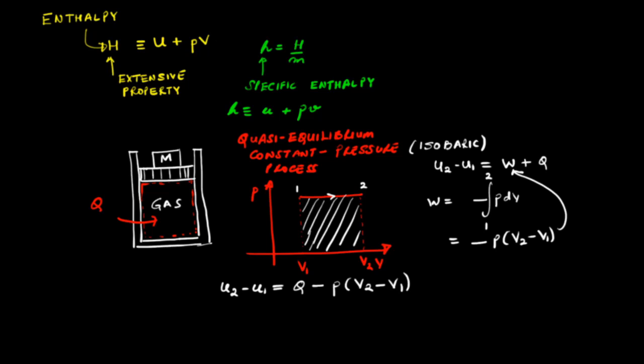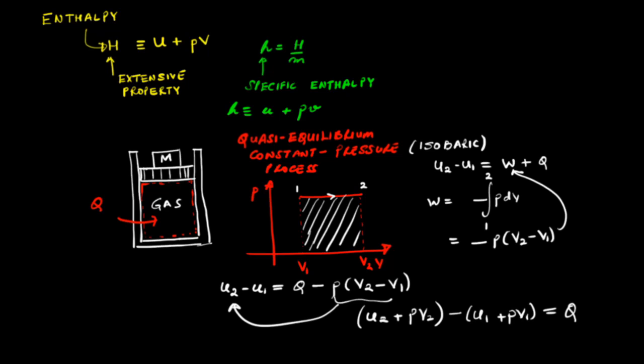So we can take these terms to the left hand side and we'll get (U2 plus P times V2) minus (U1 plus P times V1), and that is equal to the heat that is transferred to the system. And note that the pressure remains constant during the process, so P2 is equal to P1.